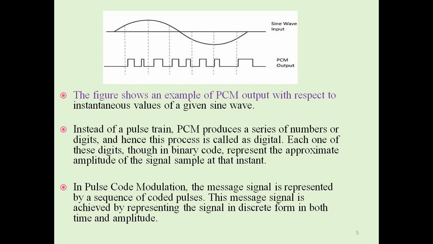Instead of a pulse train, the PCM produces a series of digits, hence this process is digital. Each of these digits, through a binary code, represents an approximate amplitude of the signal sample at that instant. In pulse code modulation, the master signal is represented by a sequence of coded pulses, in discrete form in both time and amplitude.